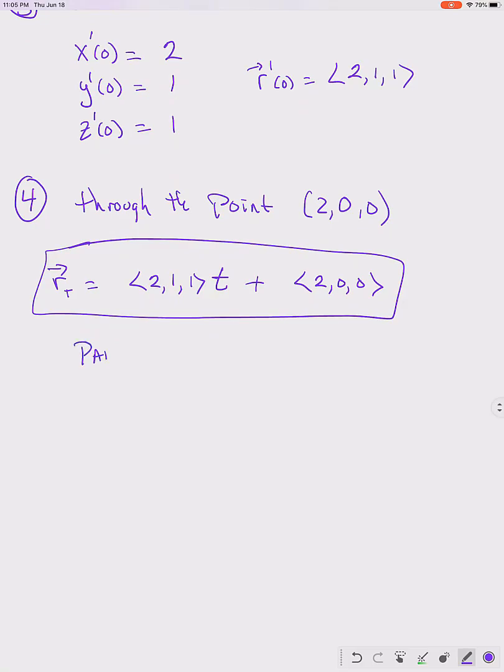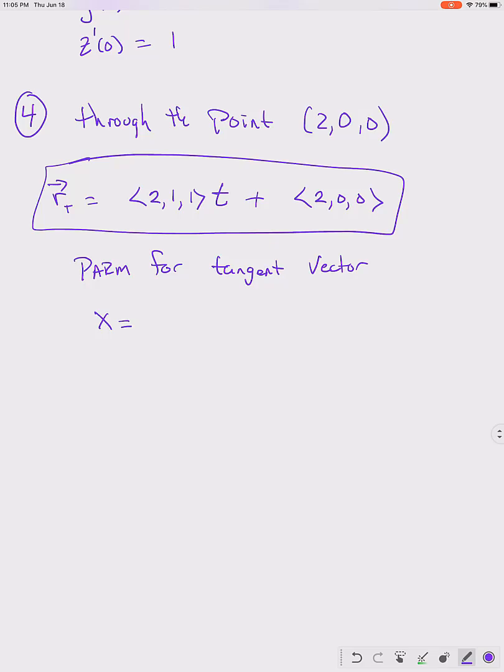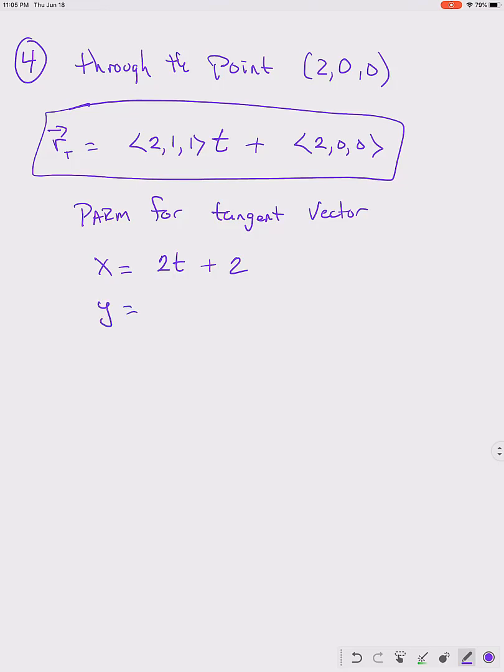So the parametric equations for the tangent vector: the x part would be equal to 2t plus 2, the y part would be equal to just t, and the z part would be equal to just t.